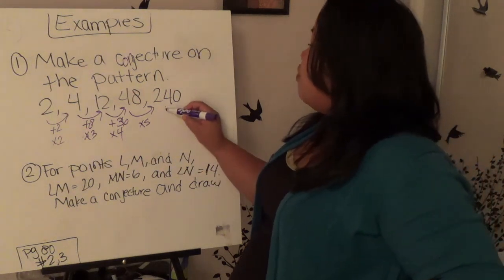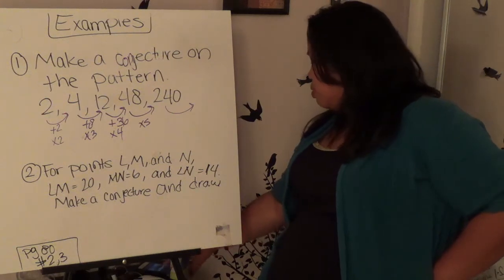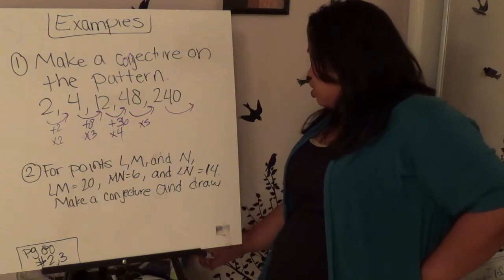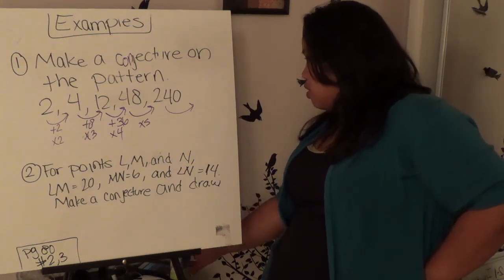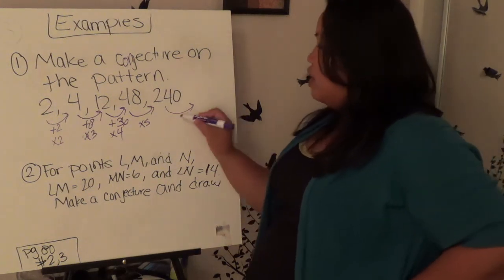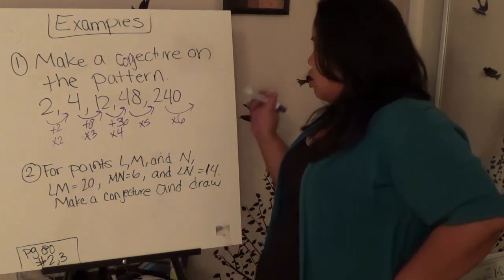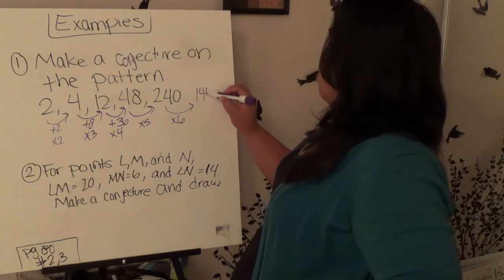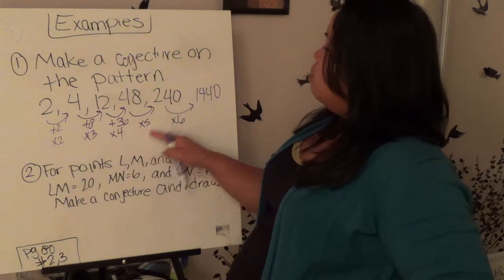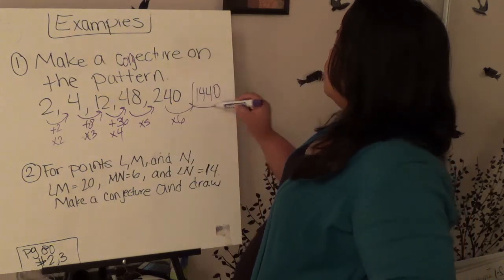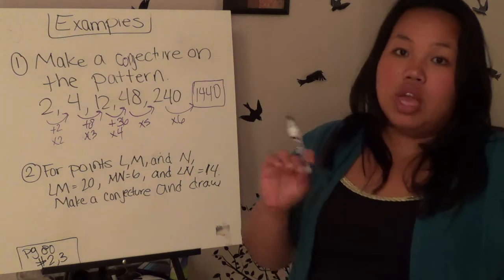So in order for me to find the next one, let me use my calculator back here. 240 times, since this is 5, this will have to be times 6. This gives us 1,440. So my pattern would be times 2, times 3, times 4, times 5, times 6. My conjecture would mean that my next number should be 1,440.